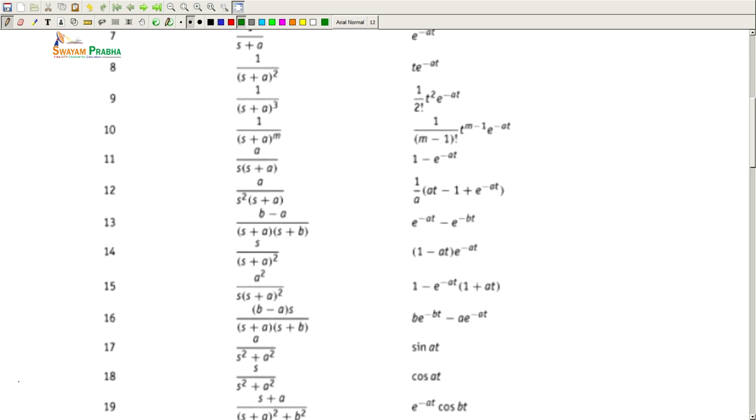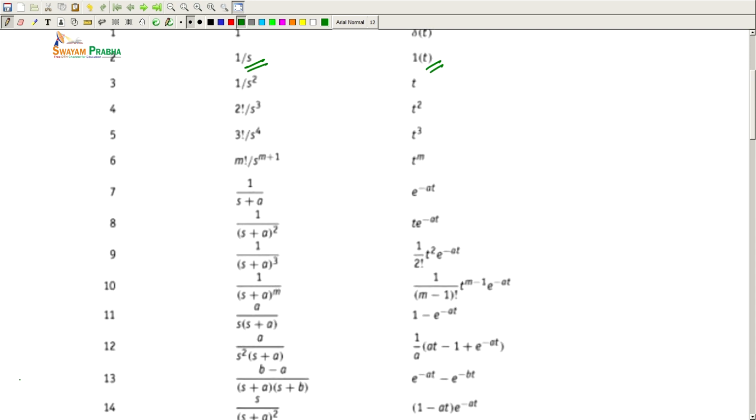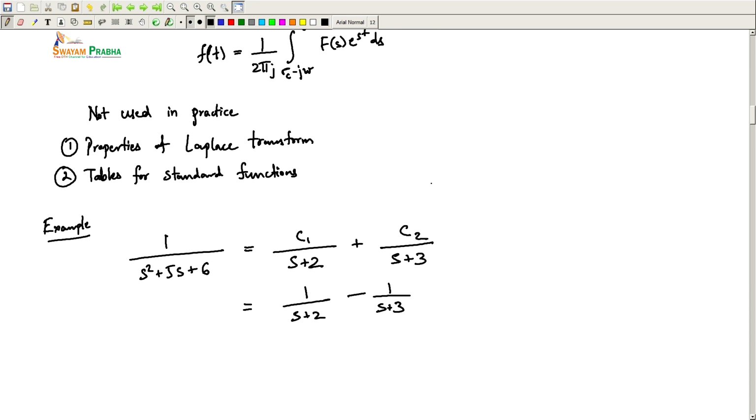If you look at this entry number 7, what you will see is that 1 by s plus a corresponds to e to the power minus at. So let me just write it down here: 1 by s plus a is e to the power minus at.